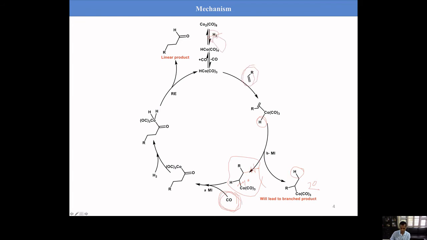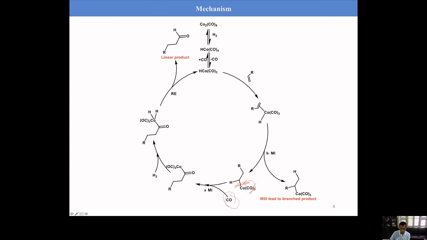So CO gets into this metal alkyl bond. So this metal alkyl bond is getting the CO. So alpha migratory insertion: insertion happens, one of these COs, which is here.